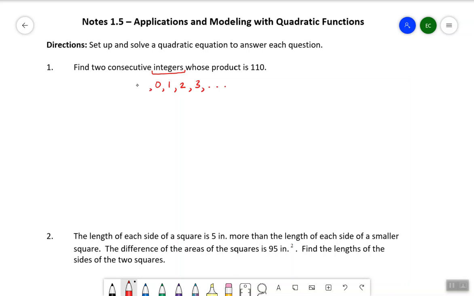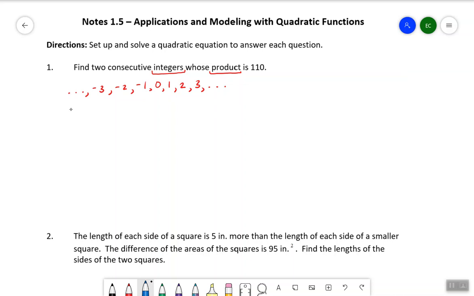And it's also the negative numbers, -1, -2, -3, and so on. And so we're looking for two numbers in this list whose product is 110. Of course, product just means multiply. And so we want to multiply the two numbers together to make 110.